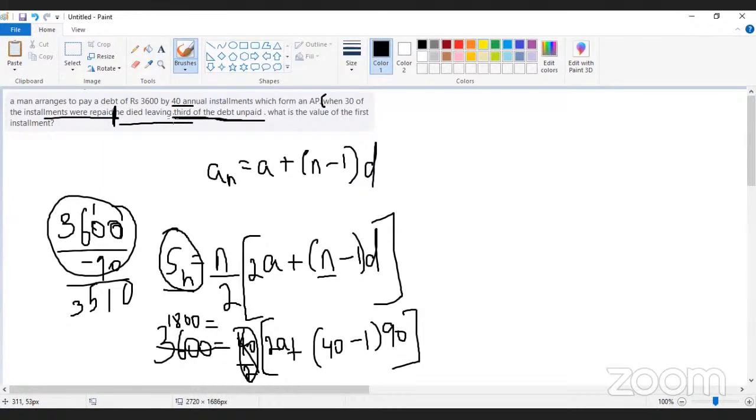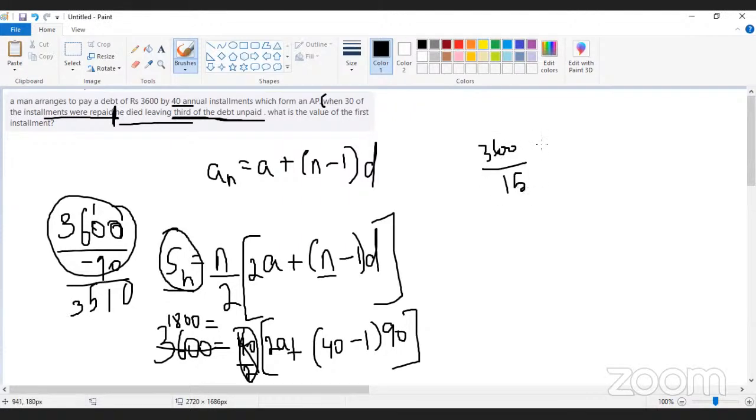In that case, 30 is being paid. Paid means you will get, let me check it once, 30, 15, 15. I just want to check with the calculation.